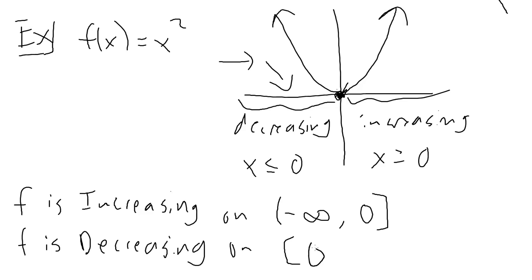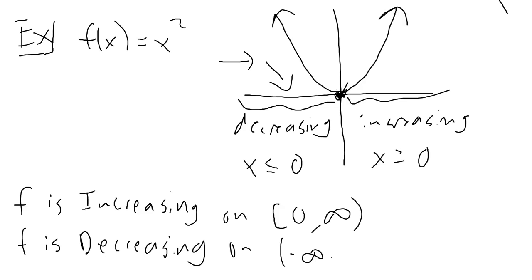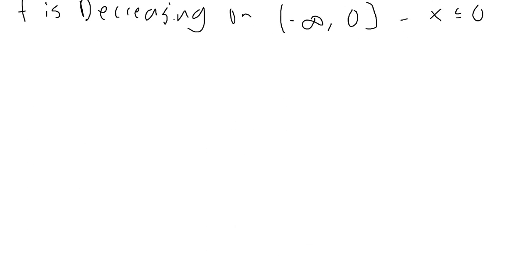It's decreasing on, oh, I had that backwards, increasing from 0 to infinity, decreasing from negative infinity to 0. And this is the same thing as just saying x is bigger than or equal to 0, x is less than or equal to 0. So either one of those is an acceptable answer. You don't have to write final answers in interval notation if you don't want to, but make sure it's either describing it kind of how you would with set builder notation, or it's in interval notation.